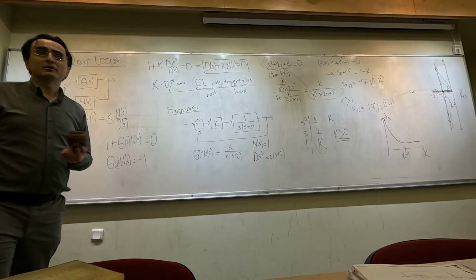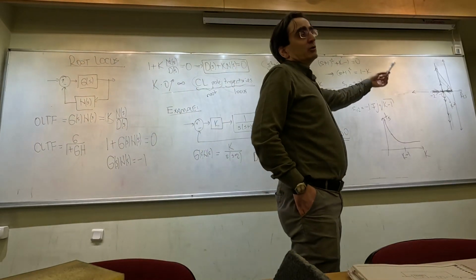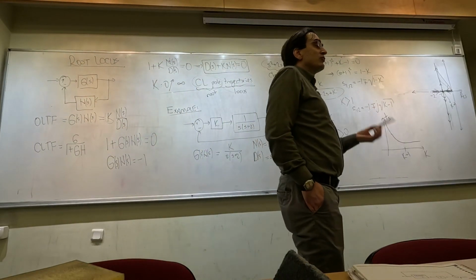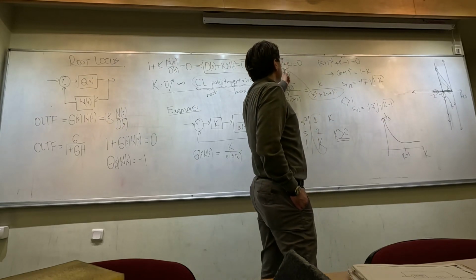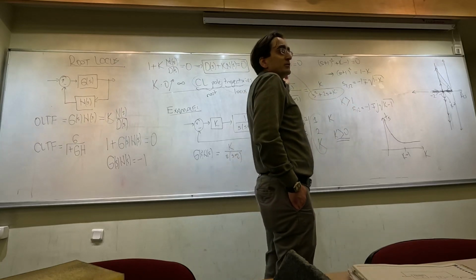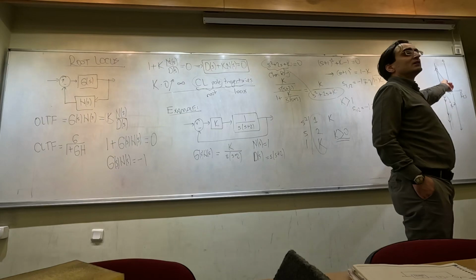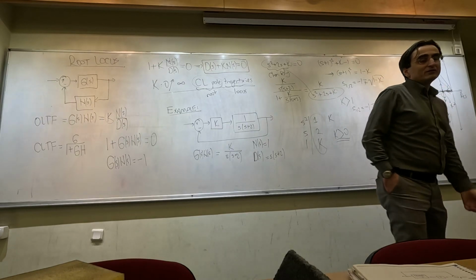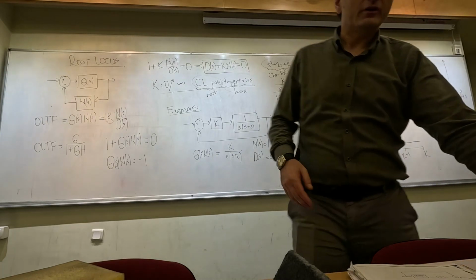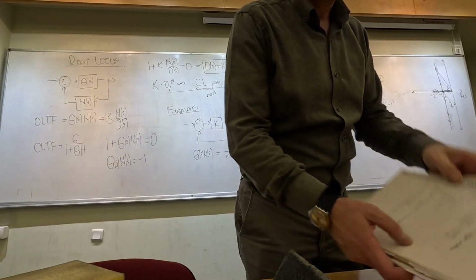Any questions here? So obviously, this is just an illustration for the Routh locus. In general, we are going to try to draw a Routh locus for much higher order systems than second order systems. In this case, we could draw the Routh locus analytically. But in general, for higher order systems, we are going to require some approximations, of course.